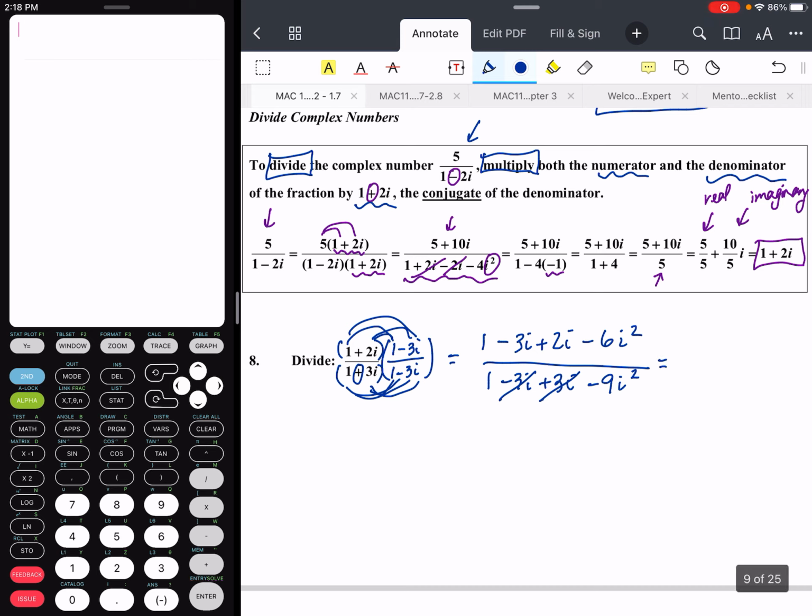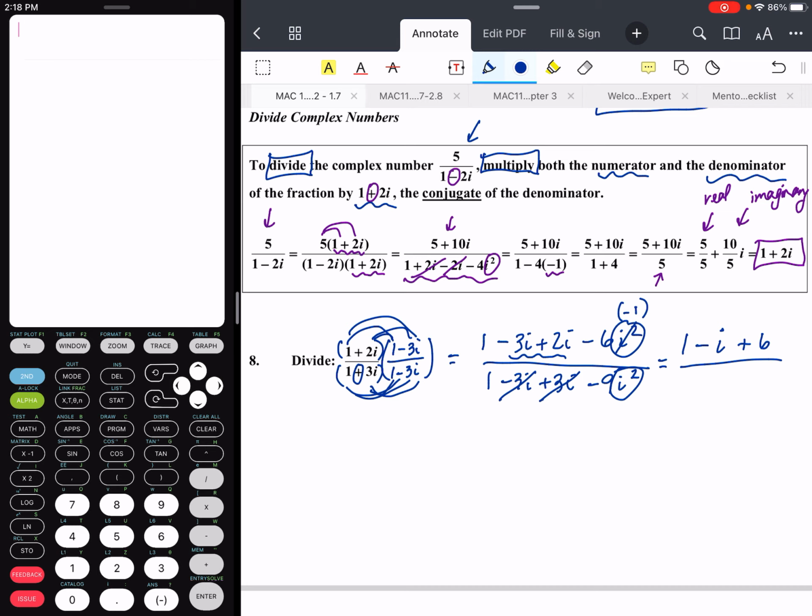Okay, so simplifying, I know that I'm going to convert these i squareds into negative 1s. And up top, I want to be able to combine like terms. So this gives me 1 minus 3i plus 2i gives me negative i, or negative 1i, minus i. And then negative 6 times negative 1 is positive 6.